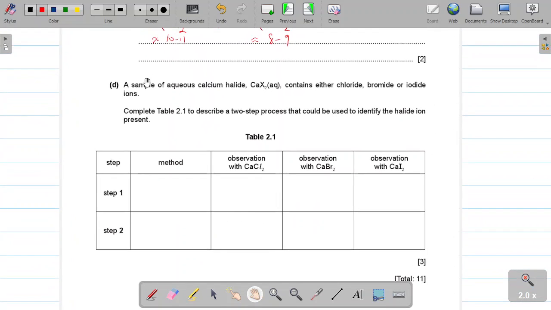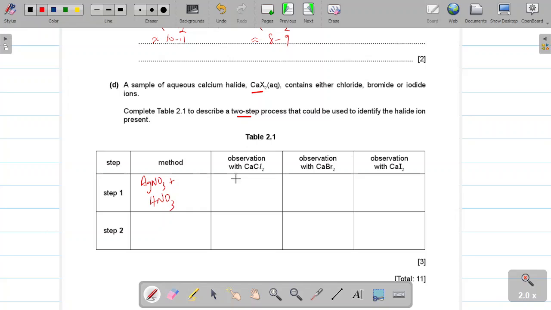All right. A sample of aqueous calcium halide, so this is a generic calcium halide, contains either chloride, bromide, or iodide ions. Complete table 2.1 to describe a two-step process that could be used to identify the halide ion present. So immediately off the bat, you should be thinking about using acidified silver nitrate. The acidified silver nitrate is really silver nitrate with nitric acid.